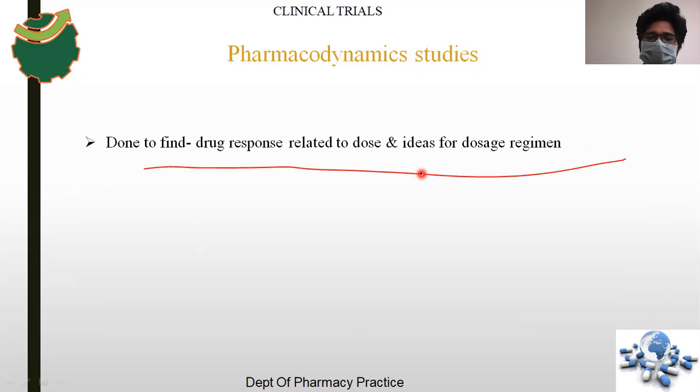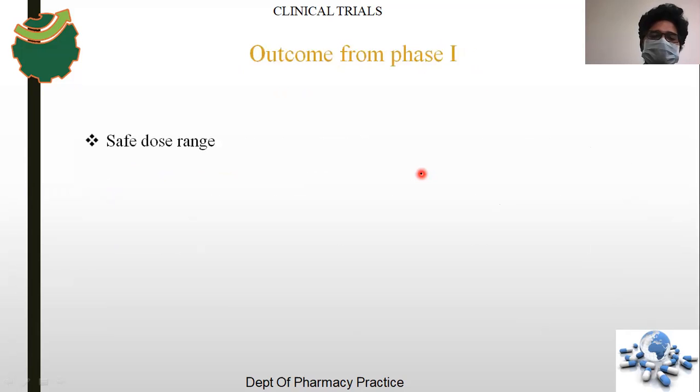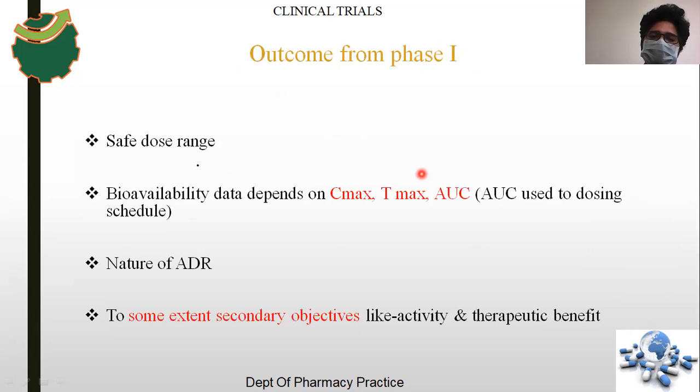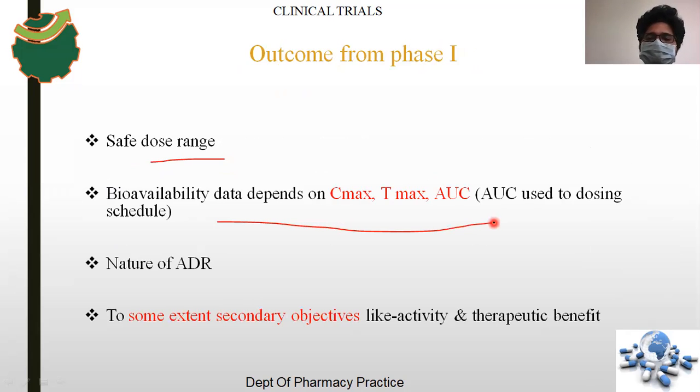Okay. Next, outcomes of phase one. So in phase one, we are going to see the safe dose range like we discussed, and we are going to see the bioavailability like Cmax, Tmax, AUC. Next, nature of ADRs. If there are any ADRs or tolerable doses which we have found out, we have to see the nature of the ADR.